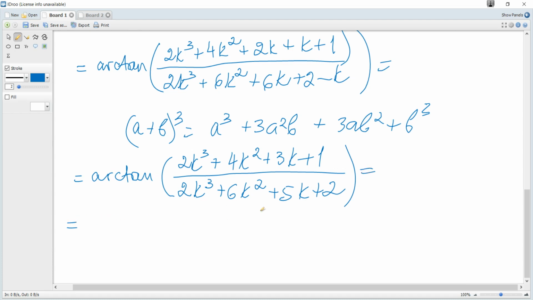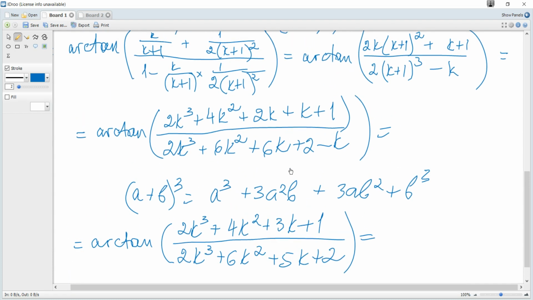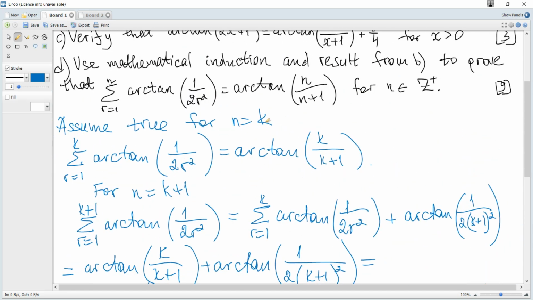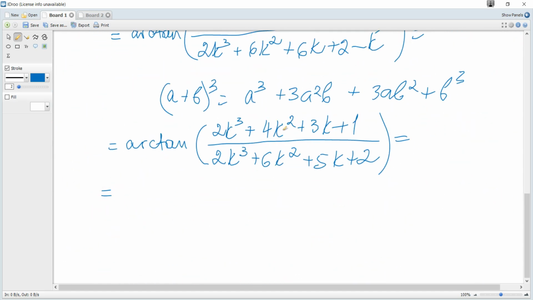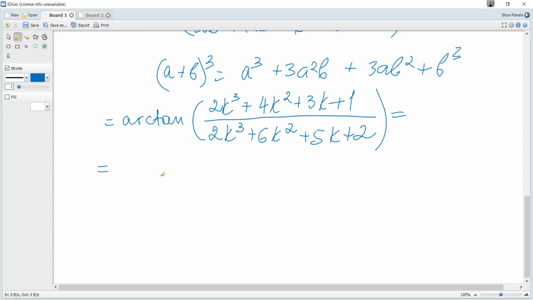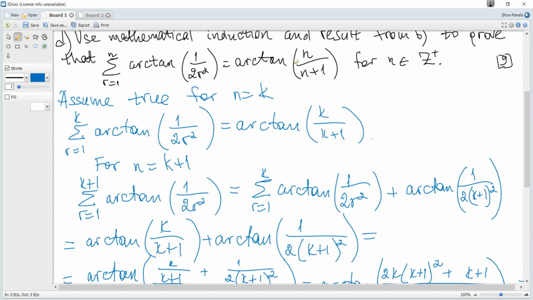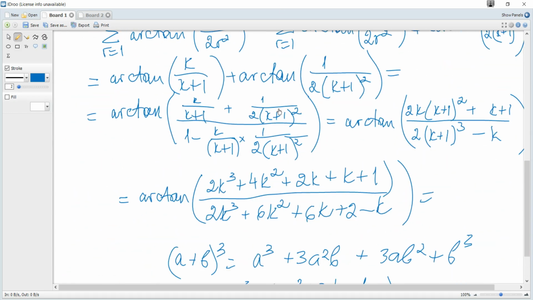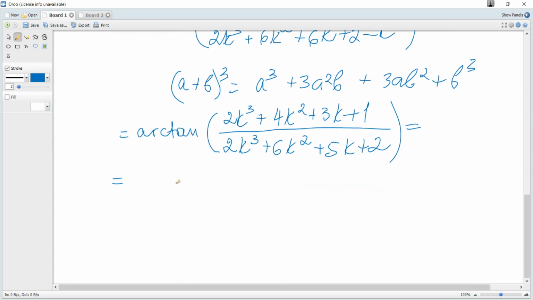And we should get that it's arctan of k plus 1 over k plus 2. And how to get this? Since we need k plus 1 in the numerator, the idea is the next.